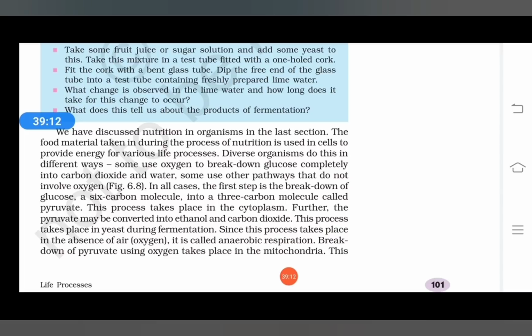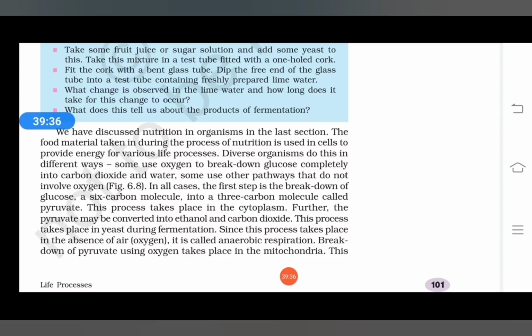This process takes place in yeast during fermentation. So, if you are asked which process takes place in yeast, that is called fermentation. And what happens in this process? The pyruvate is converted into ethanol and carbon dioxide.